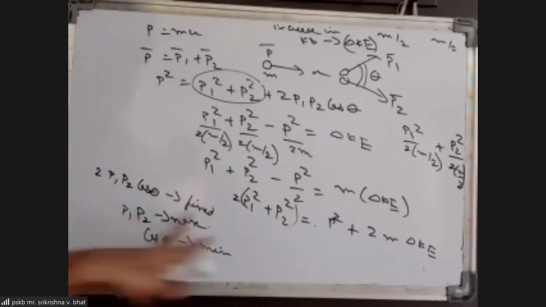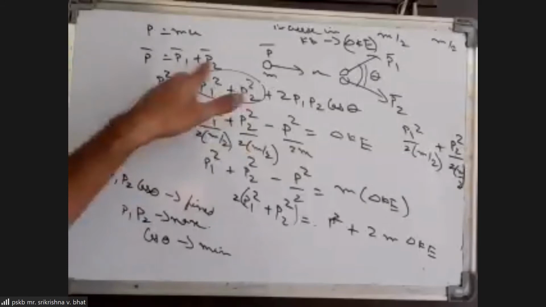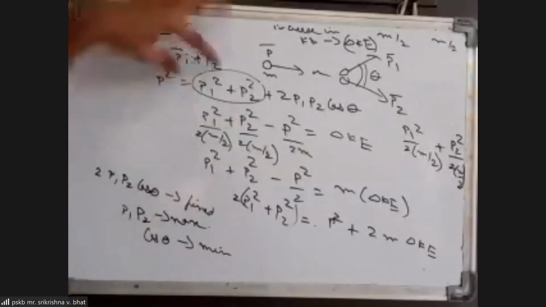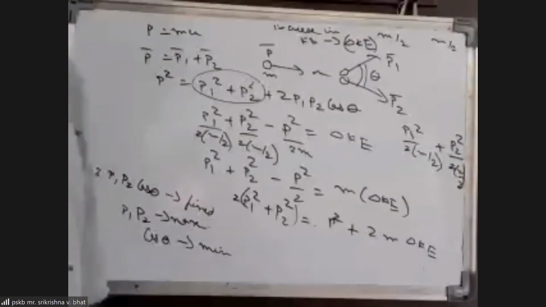So P1 P2 has to be maximum, but we know that P1 square plus P2 square is fixed. The sum of these two quantities is fixed. Then the product of these two quantities will be maximum when both of them are equal. We know from AM-GM also that if the sum of two quantities is fixed, then their product will be maximum when they have equal values.